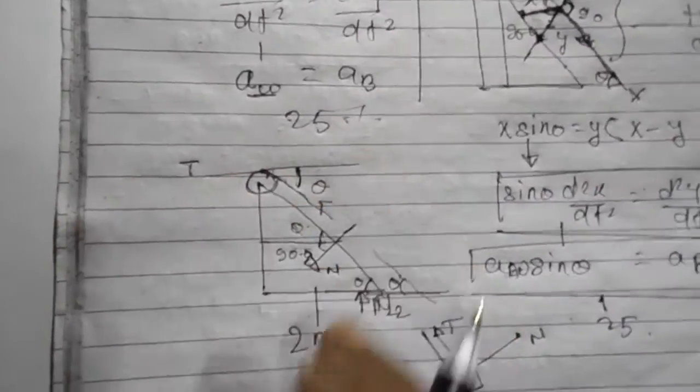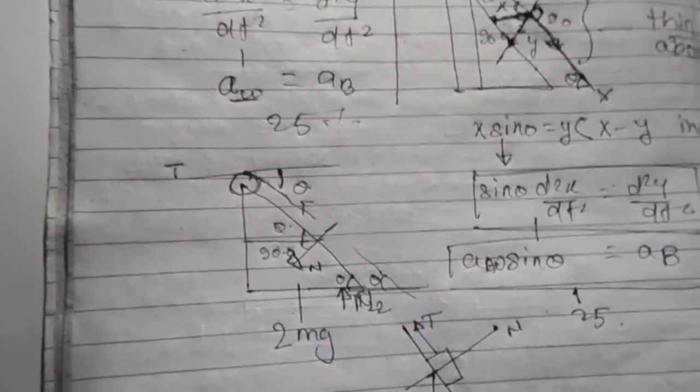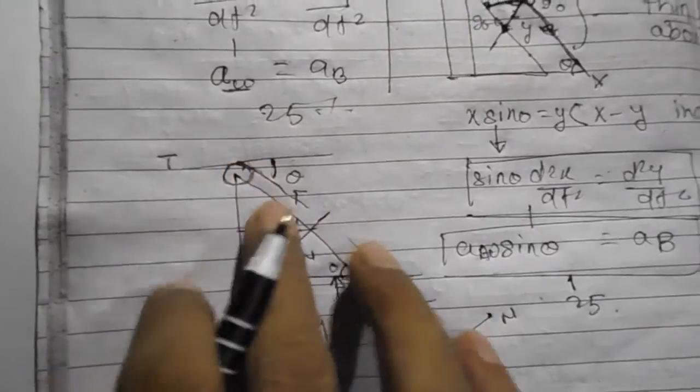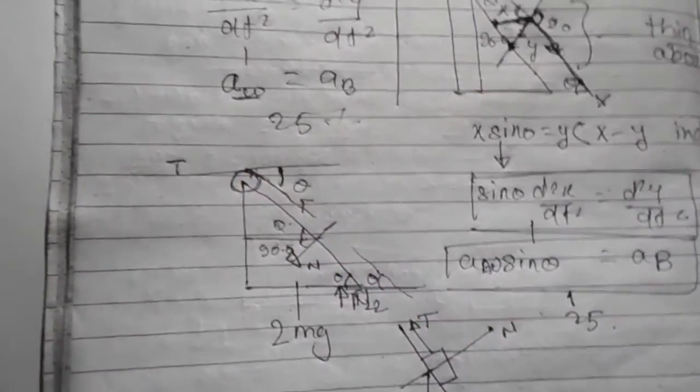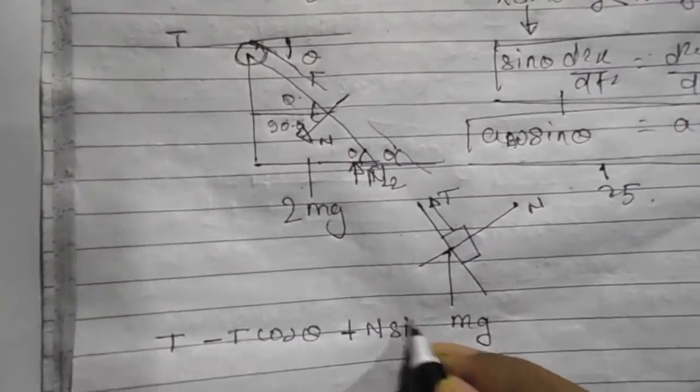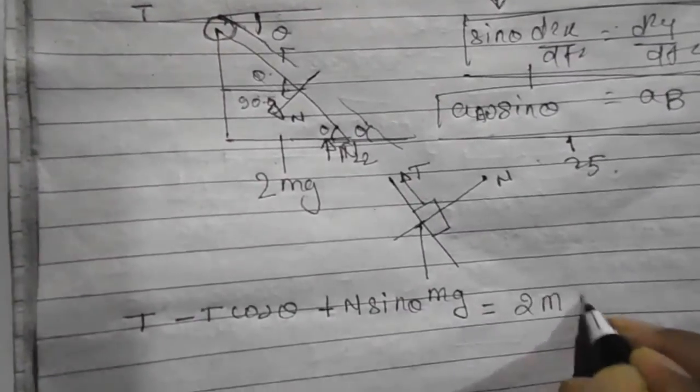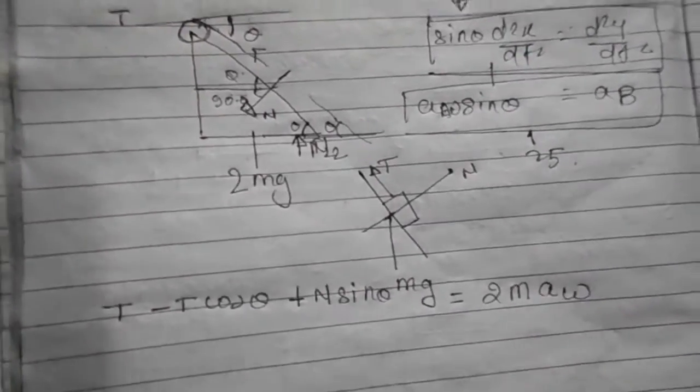I am not going to balance the y-axis. Do it by yourself. I have given so many lectures, so it is your time to do it yourself. So forces along the x-axis: T minus T cos theta plus N sin theta should be equal to 2m times the acceleration of the wedge.